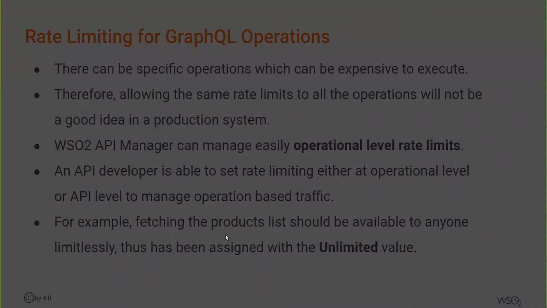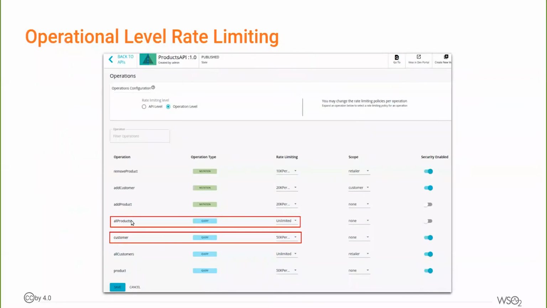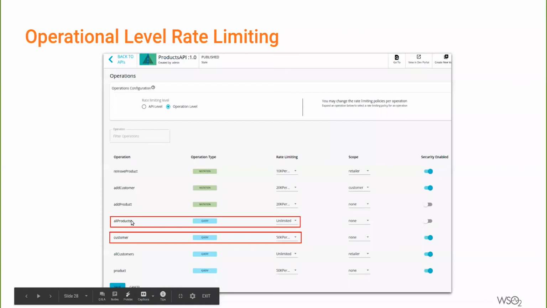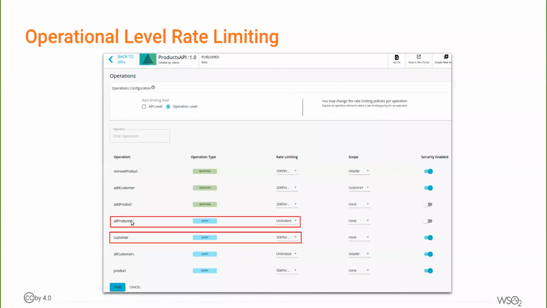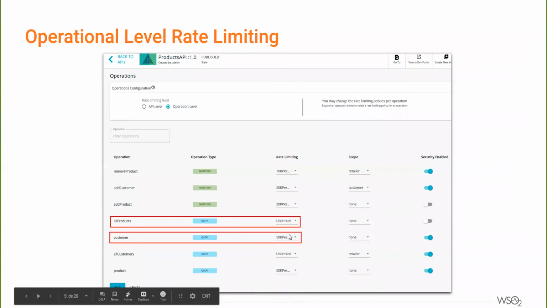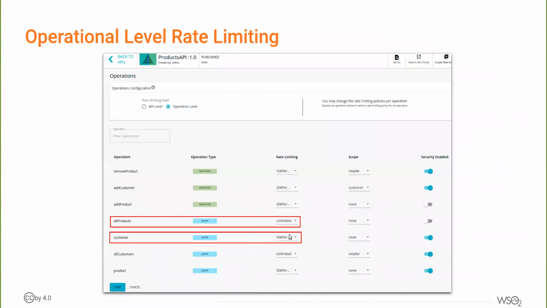For example, as you can see, the all products operation should be available to anyone limitlessly. So we have added the unlimited rate limit for that operation, and the add customer operation is a bit expensive one, so we have added a 50K per minute rate limit for that.